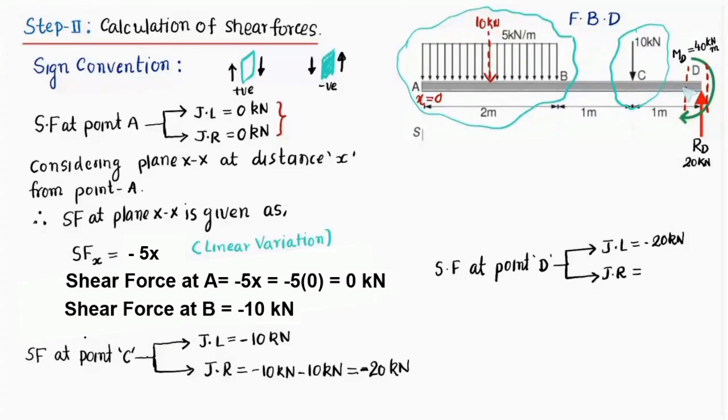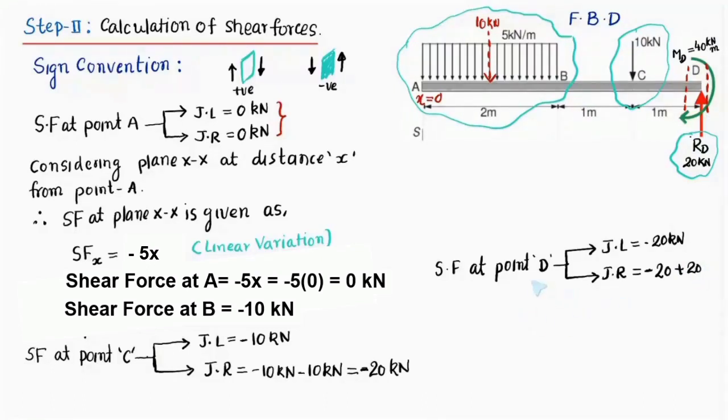So at point C and up to just left of the point D, the value of shear force is going to be the same. But as you cross the point D and go towards right, this force, this is RD, will be included, which is acting upward. So now it will be minus 20, which is downward, and then plus RD, which is upward, which is again 20 kilonewton.